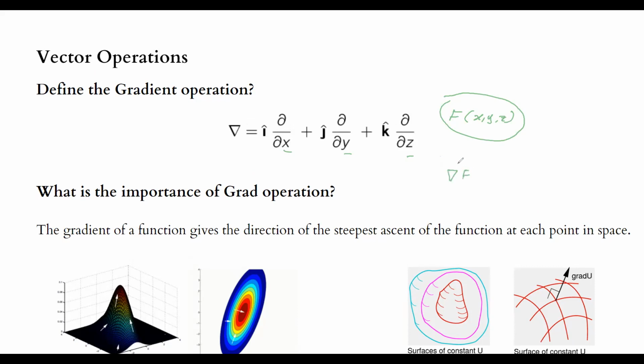Once we find the gradient of that function, we can find the direction of the steepest ascent of that function at each point in the space, right?